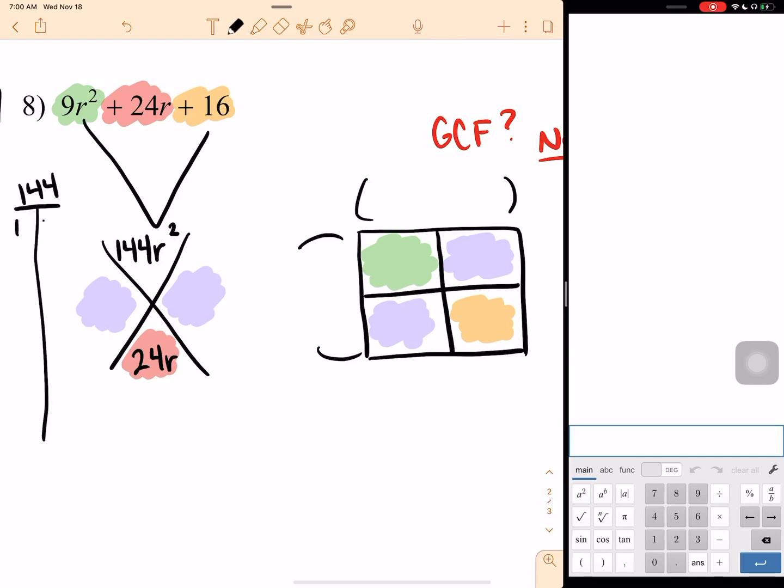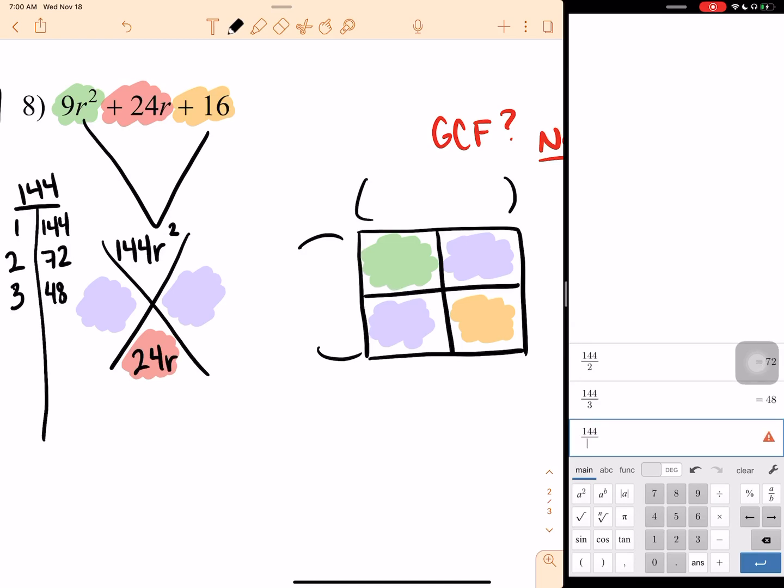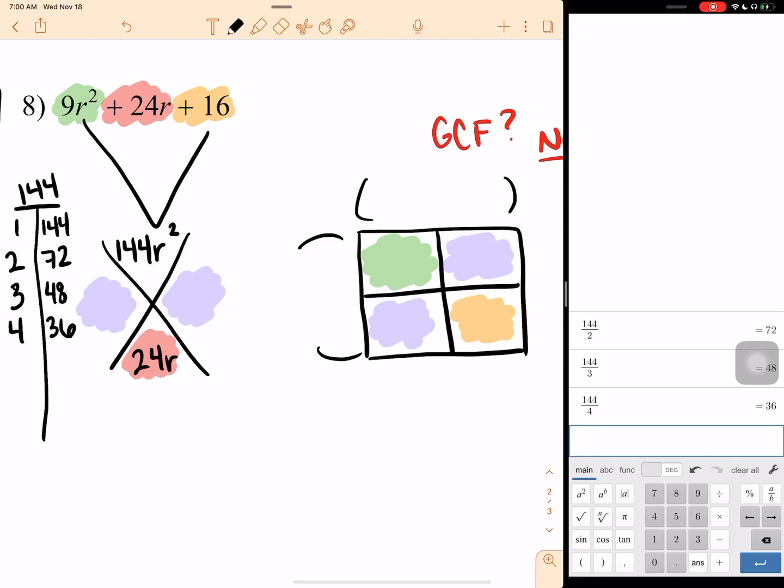So 1 times 144 is 144. If I do 144 divided by 2, that's 72. Let's see if it's divisible by 3. Yep, it sure is. So 3 times 48. 144 divided by 4 is, yep, it is divisible by 4. So 4 times 36.